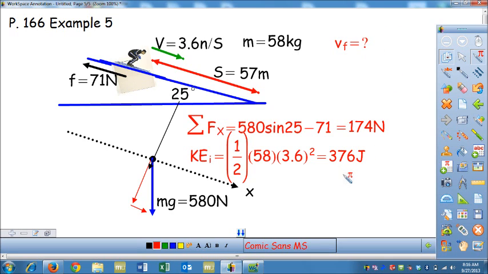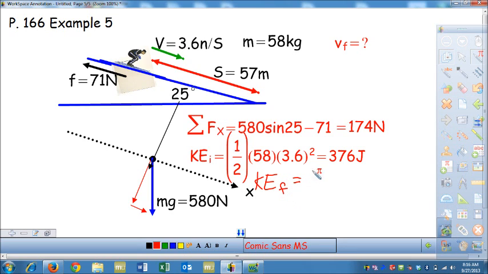That's what we're trying to find. And kinetic energy final is 1/2 times 58 times v final squared.